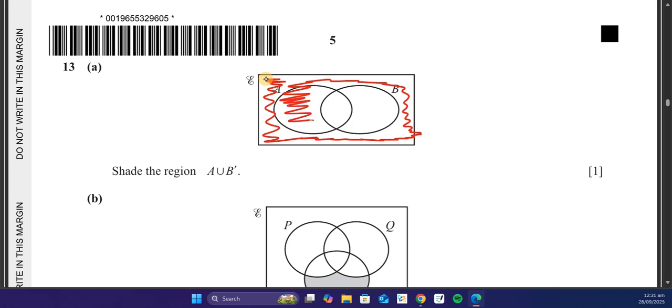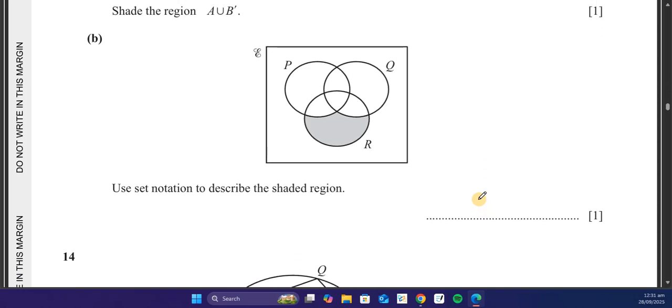Make sense? So basically we need to shade everything which is not B. Something like this. All right, makes sense. Now use set notation to describe the shaded region.